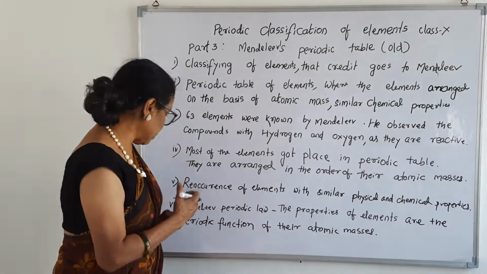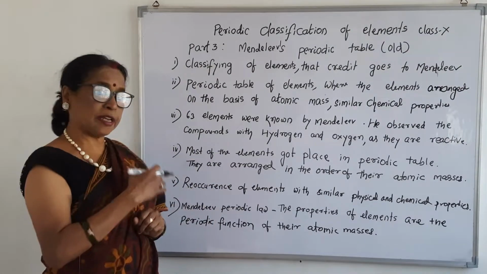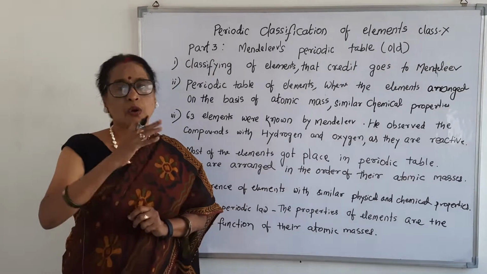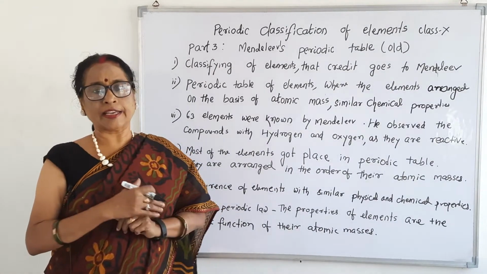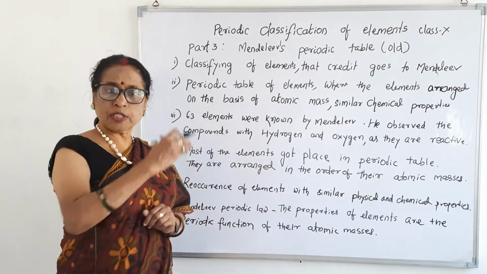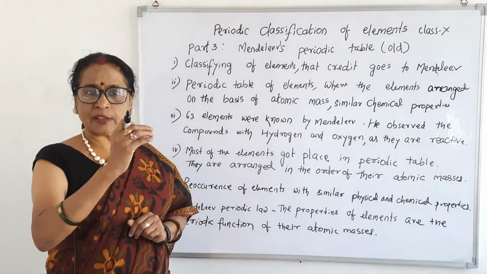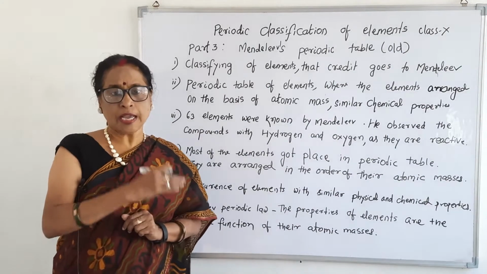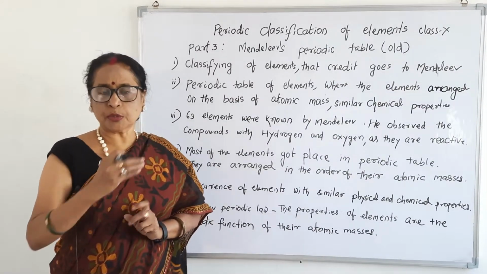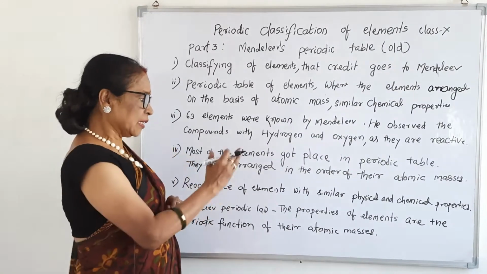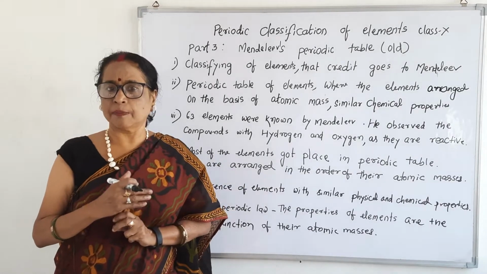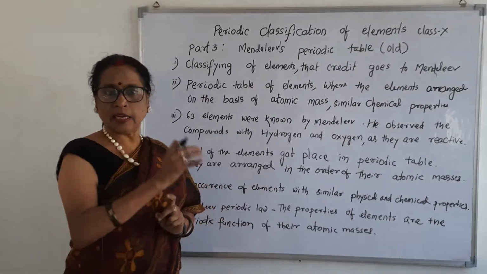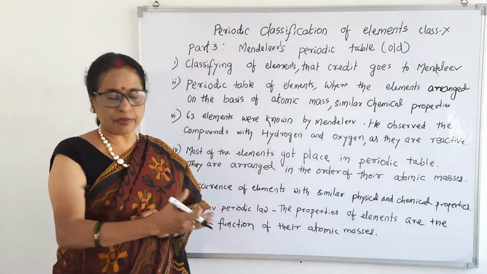Then what happened? He also observed the recurrence of elements with similar physical and chemical properties. Suppose he placed sodium in the first group and potassium also in the first group; he observed that sodium and potassium both have similar physical and chemical properties.